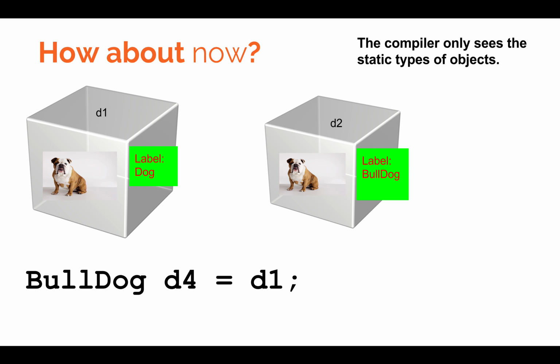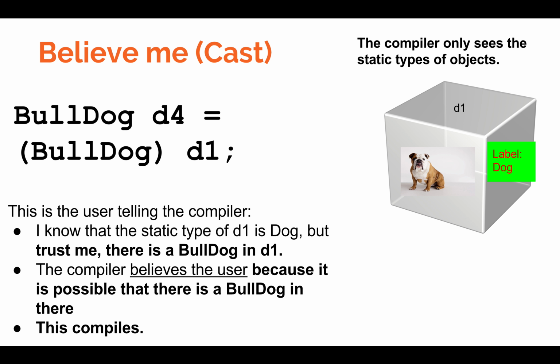Sure. So when you cast D1 as a bulldog, the compiler checks that bulldog is a subclass of whatever the static type of D1 is, but does it also check to make sure that the static type of D4 is compatible with this new cast? Absolutely. So the question here was, yes, sure, the compiler checks that this casting is allowed.